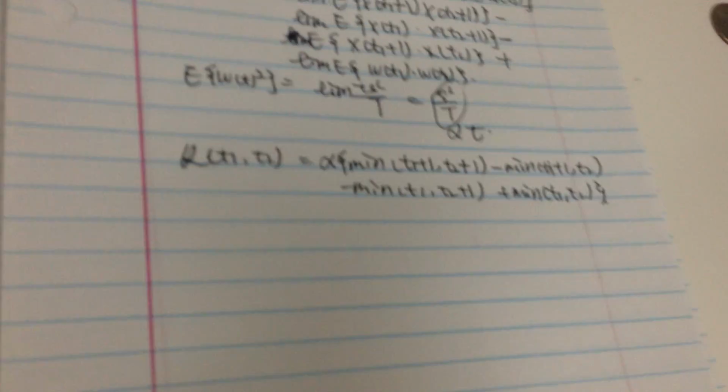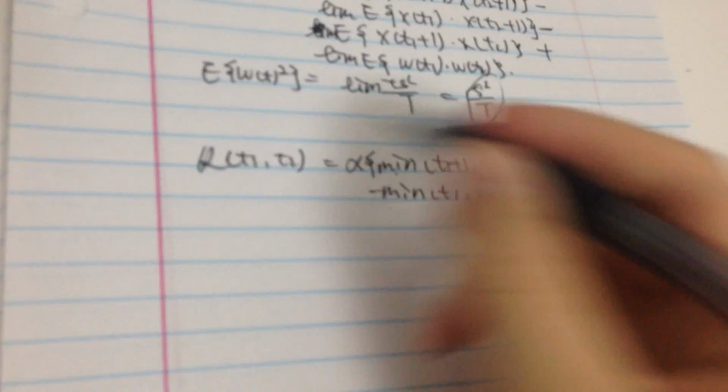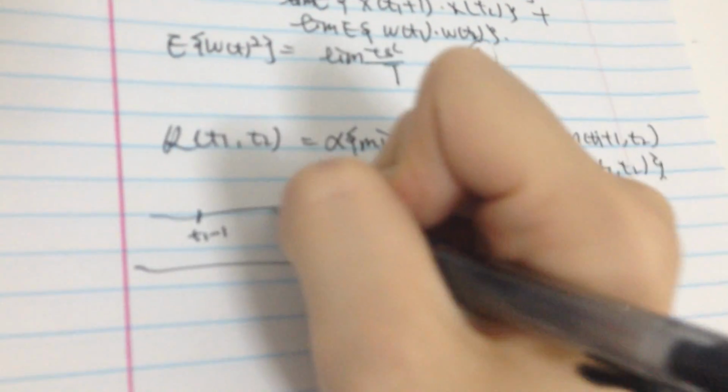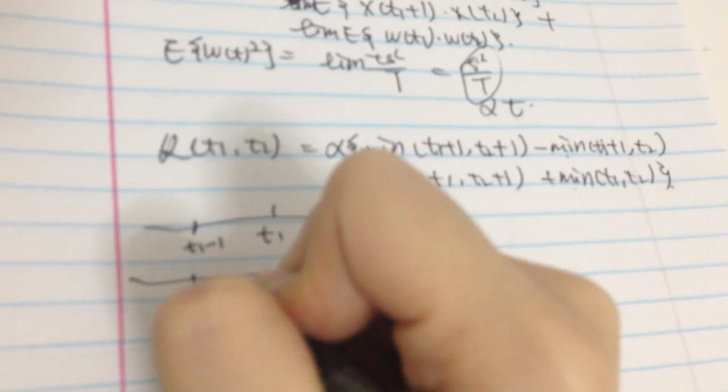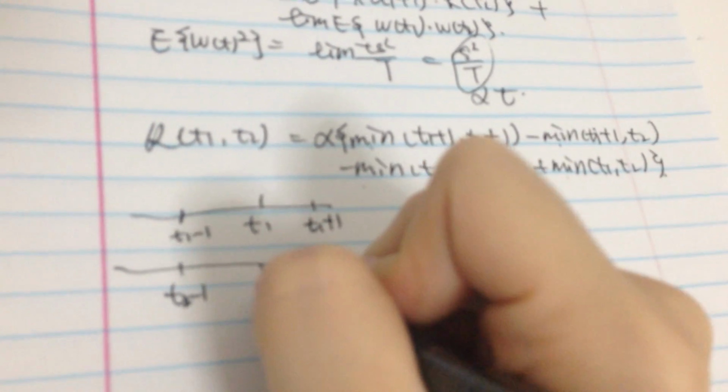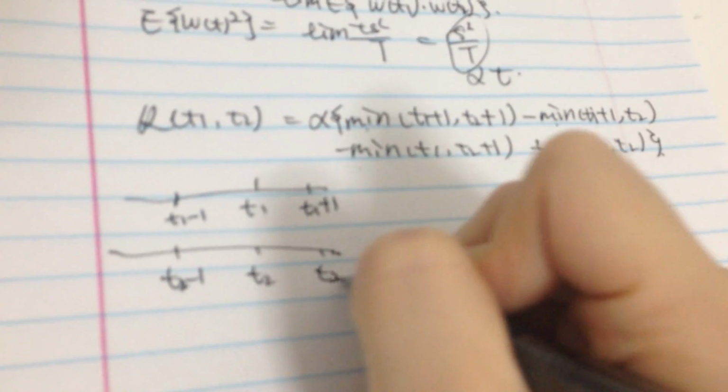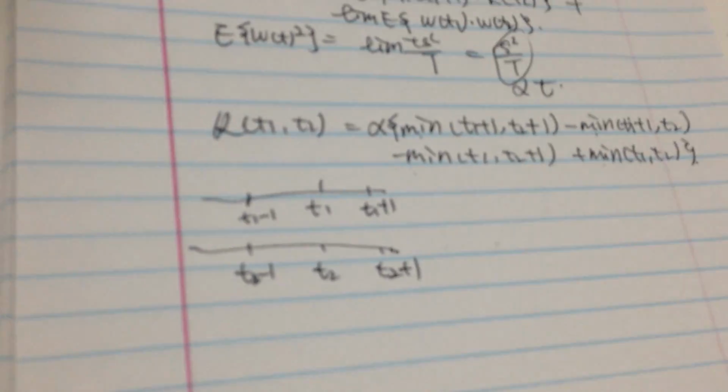we need to get the minimum part. So I just draw the two lines here, and here is t1 minus 1, here's t1, and here's t1 plus 1, and here's t2 minus 1, and here's t2, and here's t2 plus 1.